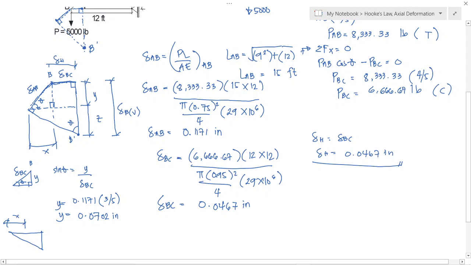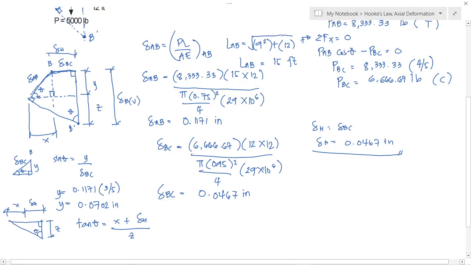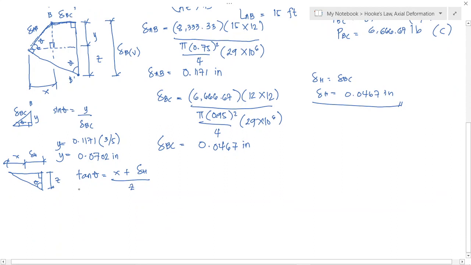And then, considering naman another triangle, so this one, ito ay x. So, this one is delta h. So, this one naman is z. And this is theta, right angle. So, tangent of theta is equivalent to x plus delta h all over z. Okay, so therefore, z will now be equal to that. What is x?